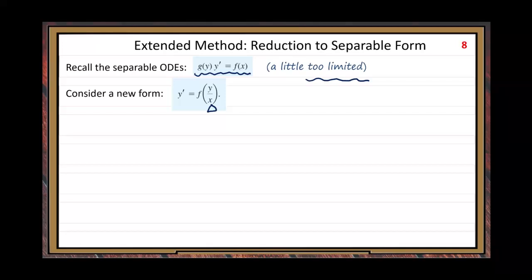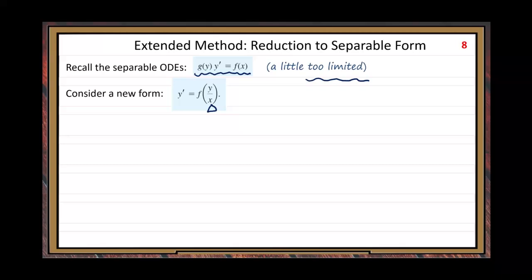This structure is very special. So we want to take advantage of the property of this special structure so that, after appropriate transformation, we can convert it to a separable ODE form.